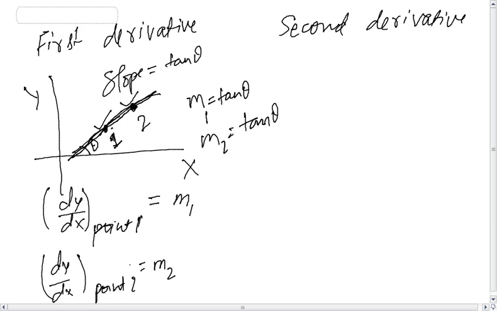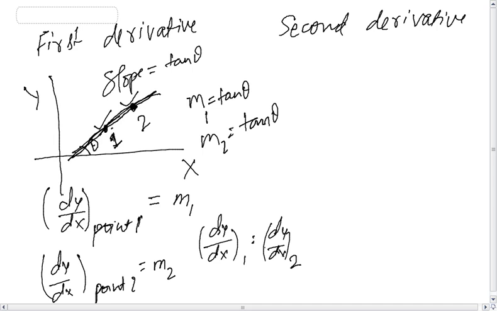But since m1 and m2 are the same, because both have the angle theta and tan theta will be the same, we can say that dy by dx at point 1 and at point 2 are the same. There is no change in the derivative at point 1 and 2.